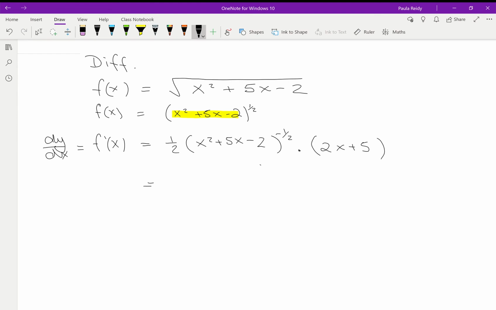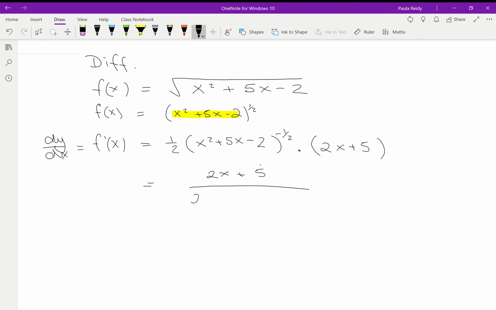Now after that, I look at how to organize this or to express it in a more formal manner. Now this 2x plus 5 does not have a negative index, so it is clearly a numerator. So we have 2x plus 5 up here.